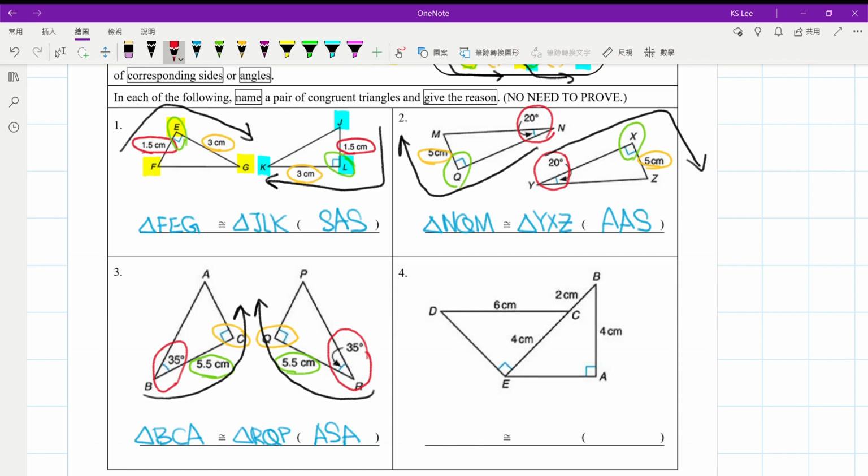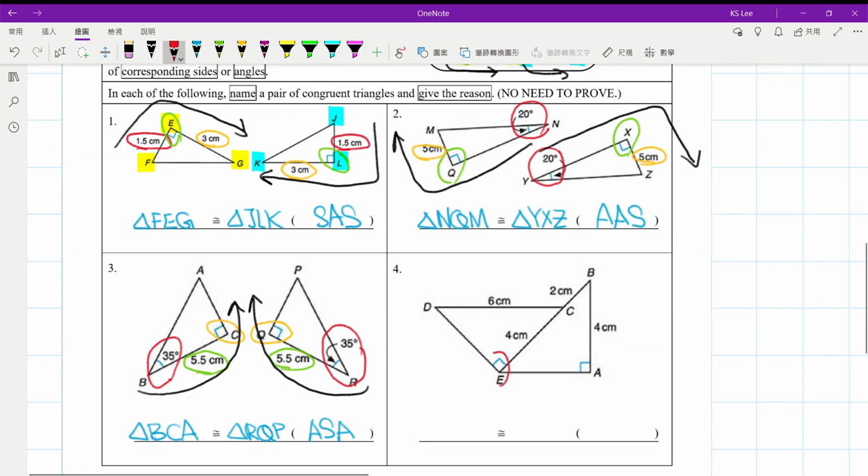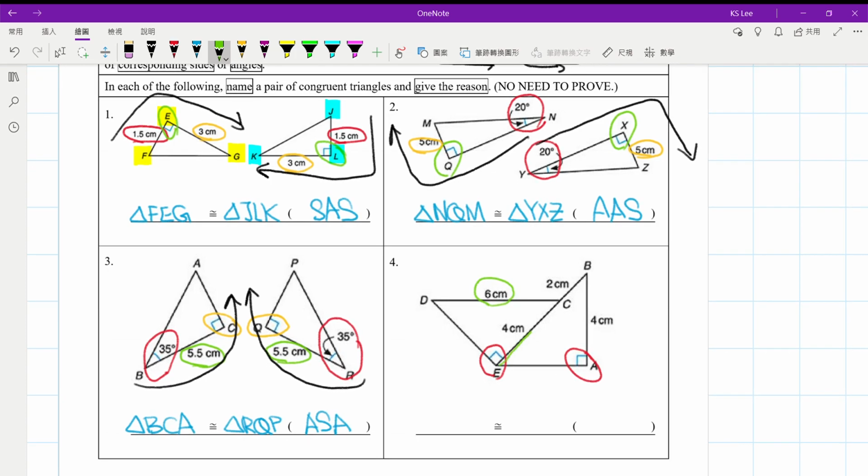We have the first pair of equal angles, 90 degrees. And then we have the second pair of equal sides, which is 6 cm, and also if we combine the 4 cm and 2 cm, it is also 6 cm for BE.